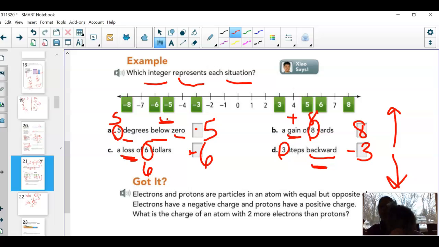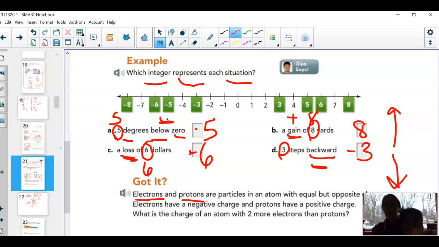So if you look at the tip of your pencil, that has millions and millions of atoms. Okay, so every little atom has something called electrons and protons. And if I have 1 electron and 1 proton, they're equal, so it's like 0. But they have opposite charges.